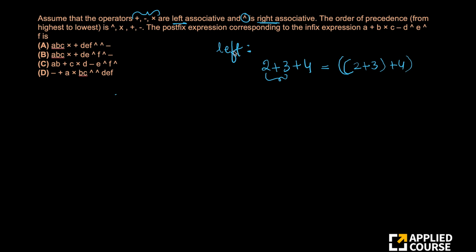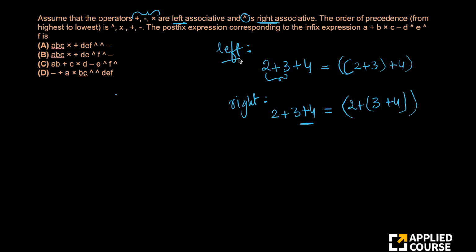If the same operator plus was right associative, then this expression would become equivalent to 2 plus (3 plus 4), because it is right associative, you first perform the operation from right to left.